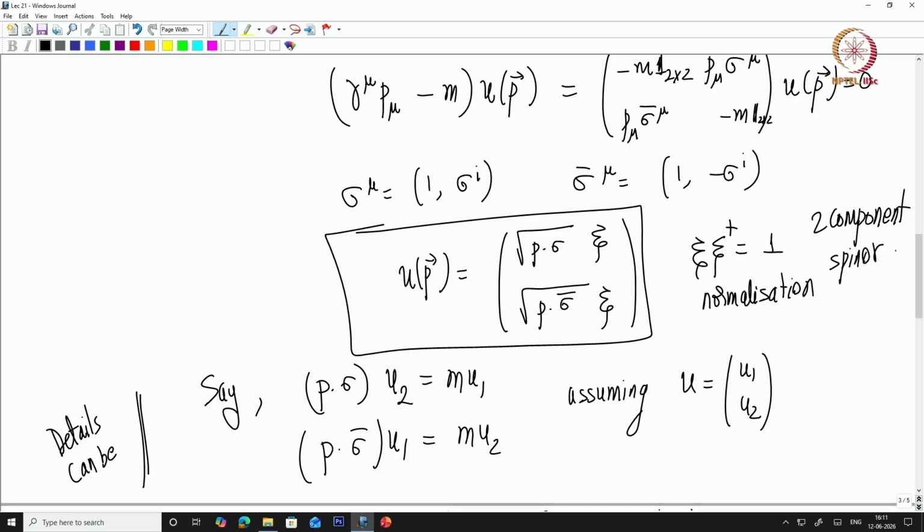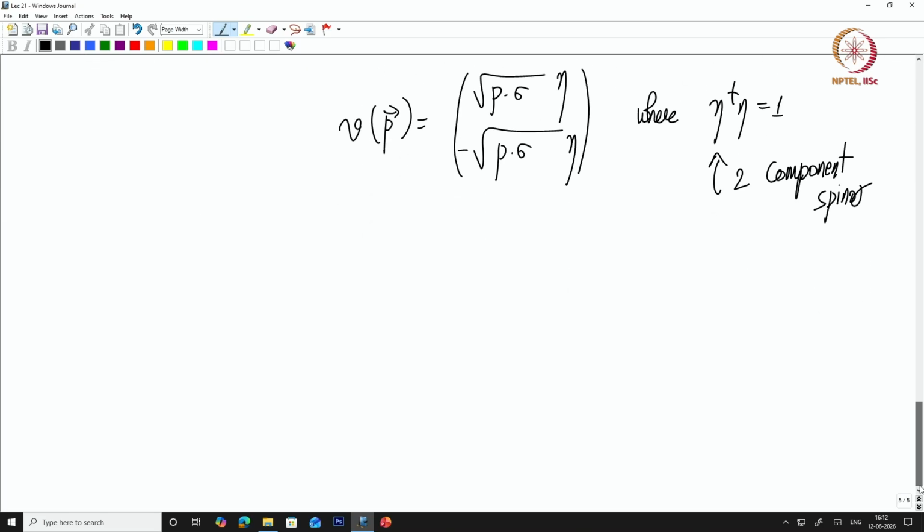See, if you take 1 0, 0 1 it works out very well essentially. So, you can have xi is a 2 component spinor, you can have first component xi 1, xi 2 would be 0 1, say for example. We will see this in a second essentially.